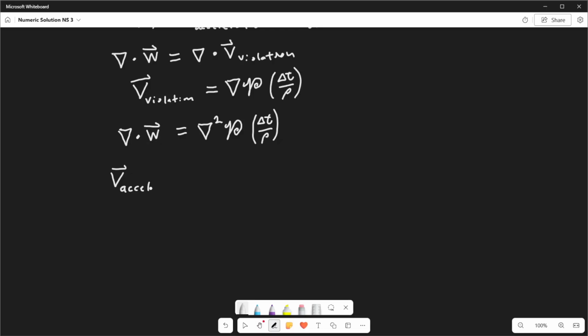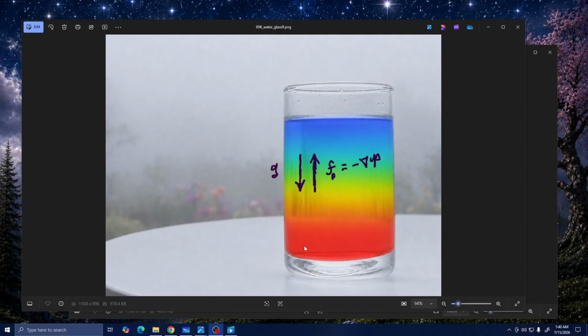Of the acceleration, tangent, by which I mean tangent to the boundary. In the water glass, the tangent acceleration would be trying to go down through the bottom of the glass, or trying to go sideways.